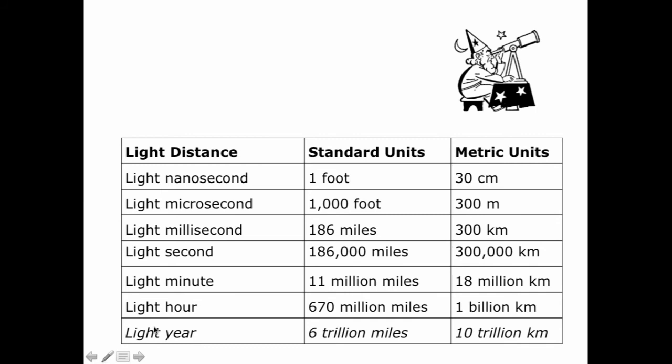But a light minute is in standard units about 11 million miles, meaning in 1 minute, light travels 11 million miles, which happens to be 18 million kilometers. Now, a light year in standard units is about 6 trillion miles or 10 trillion kilometers. So we can see exactly how far a light year is.